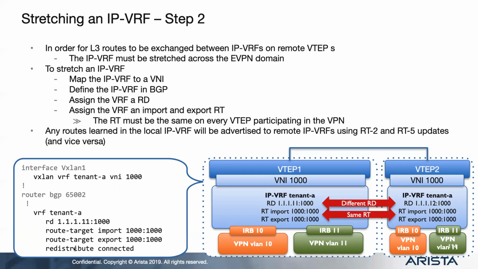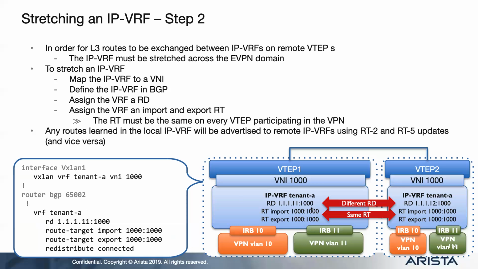But once we learn the MAC address of a host, we send the type 2, and the remote VTEP is going to use the type 2 to update its ARP and MAC table, but also to generate a /32 host route. You are right, with some ifs and buts, otherwise it's right.